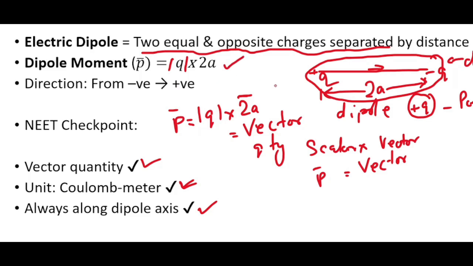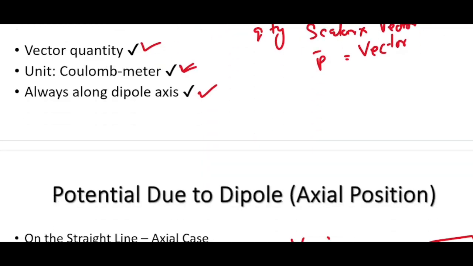You should know this direction. Dipole moment is a vector quantity, unit coulomb meter, and always along the dipole axis.